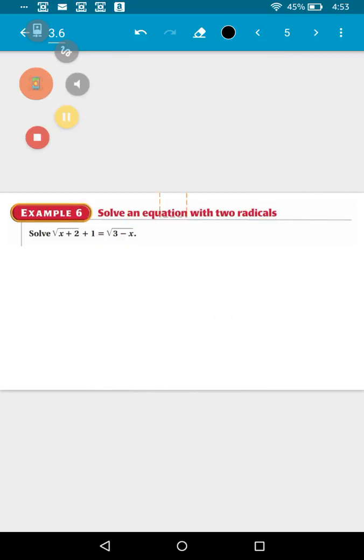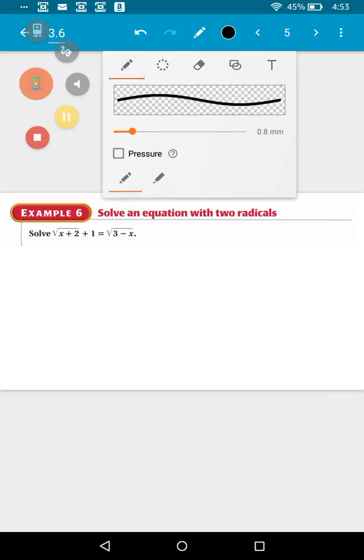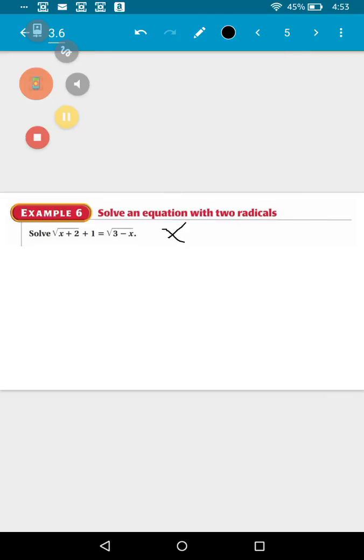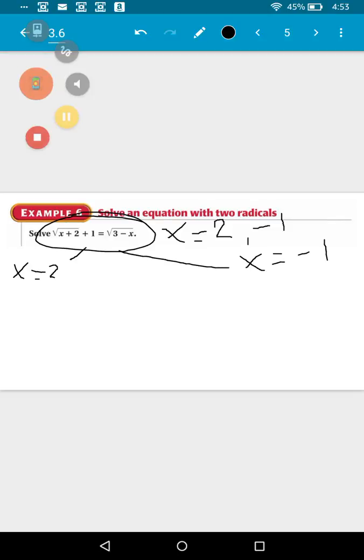you have to substitute x equals 2 and x equals negative 1 in this equation that was given to you. Okay? So here, I'm going to do x equals 2 over here and x equals negative 1 over here. So when you substitute everywhere that you see an x for a 2, it looks like this.